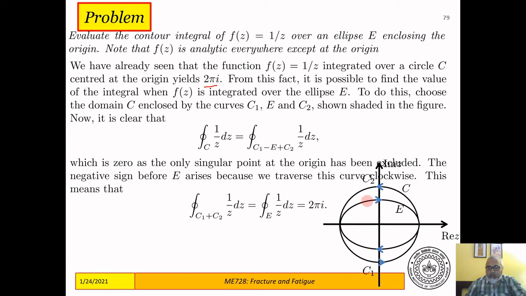We have this ellipse over which we have to evaluate 1 by z, but then let us put a circle just above the ellipse so that these points match. So our contour now is this, and this. So this contour, I'm always going anti-clockwise.